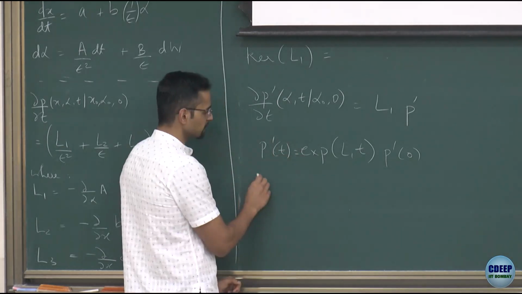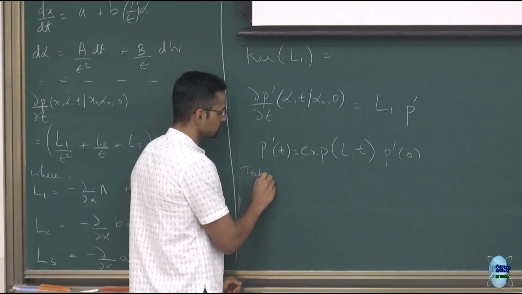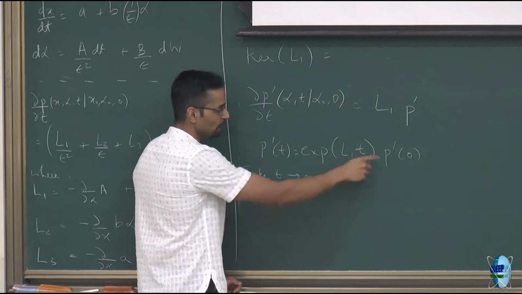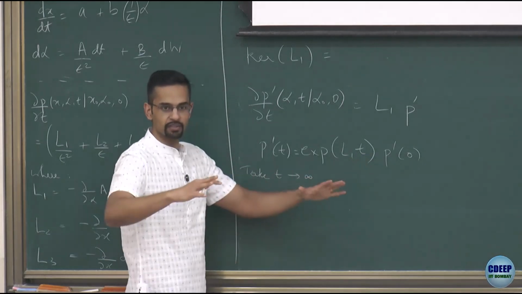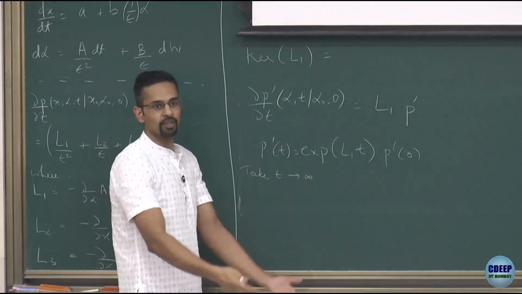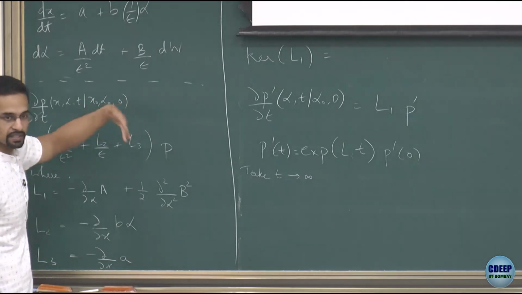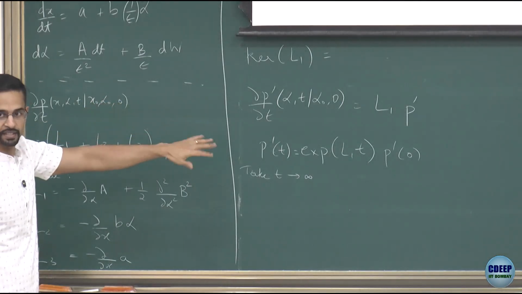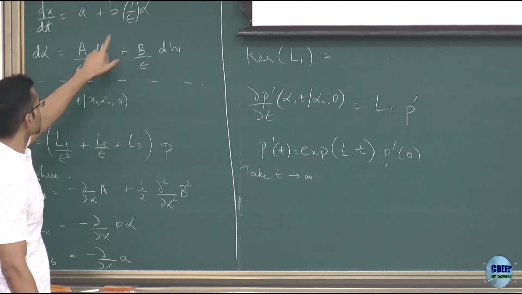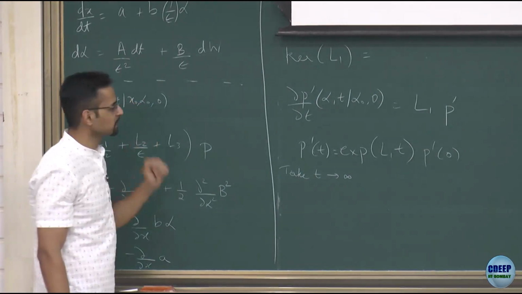And now I know that as t goes to infinity, for any P prime of 0, that means any initial distribution, it will evolve and reach the final stationary distribution, which will exist because the assumption I'm making on alpha is that it will reach stationarity, and it is in the stationary regime that I want to use alpha to force this. That is the logic. Right?